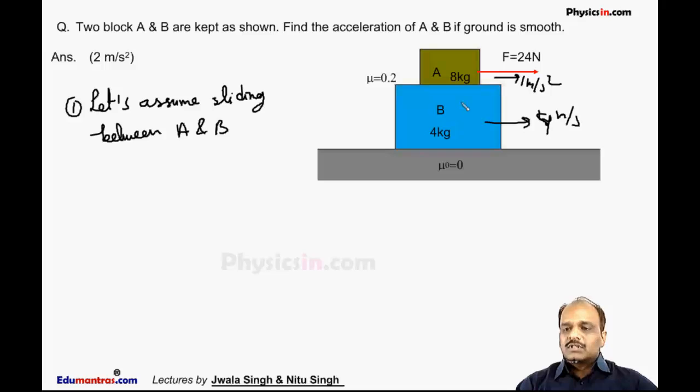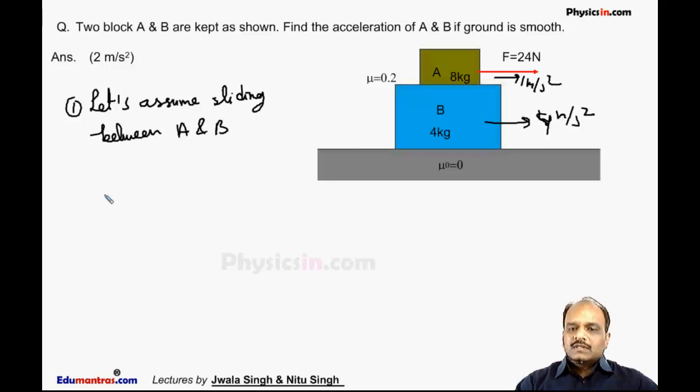Friction always opposes the sliding or sliding tendency. Friction is not going to accelerate it with some more acceleration. This answer would mean that when we are pulling the 8 kg block, the acceleration of the 8 kg block is more than the acceleration of the 4 kg block. But in this situation, the acceleration of the 4 kg block is more than that of the 8 kg block. So this answer is wrong.